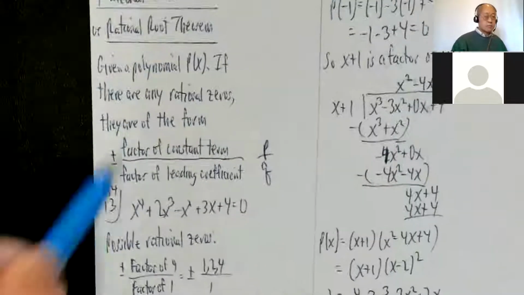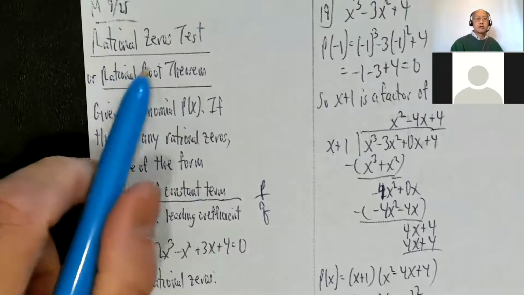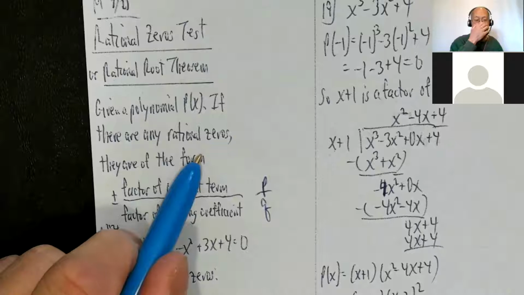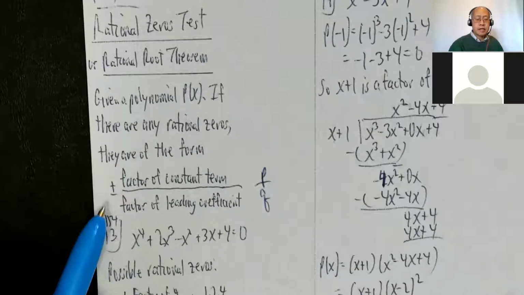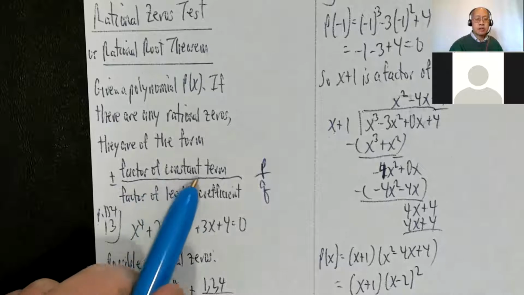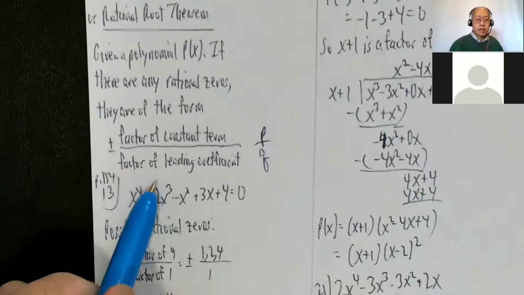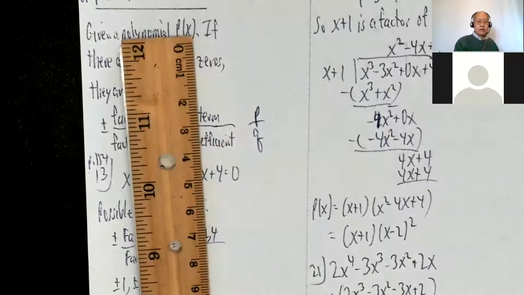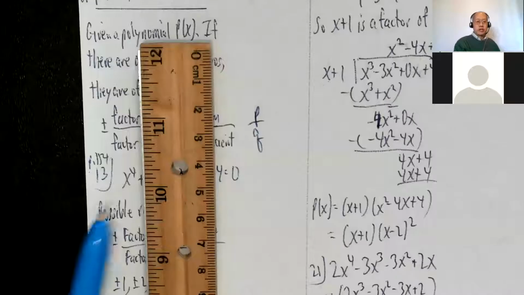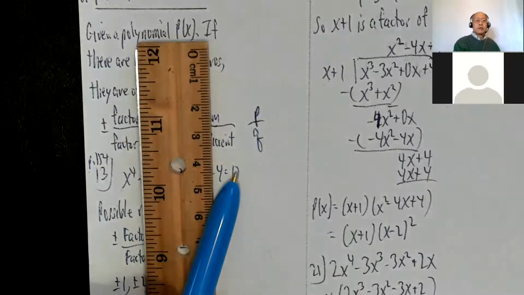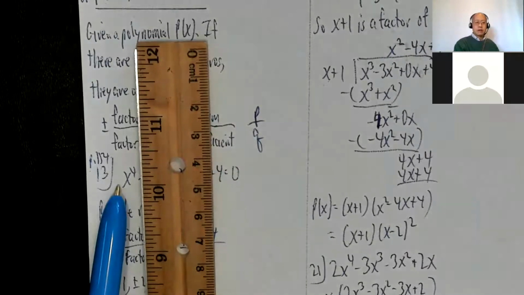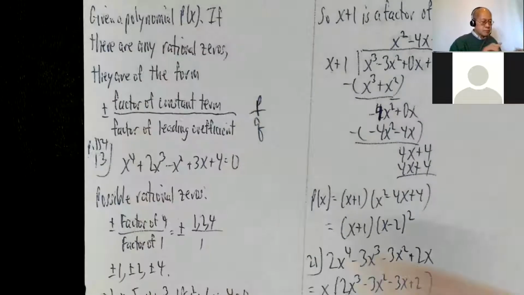We said from last time, rational root theorem or rational zeros test: given a polynomial, if there are any rational zeros, fractions p over q, they have to look like this: plus or minus factor of the constant term divided by factor of the leading coefficient. You don't have to look at any of the in-between things. You only have to look at the leading coefficient and the constant.